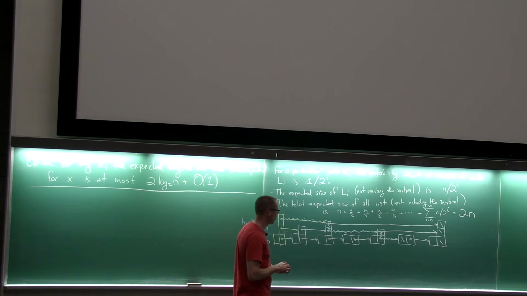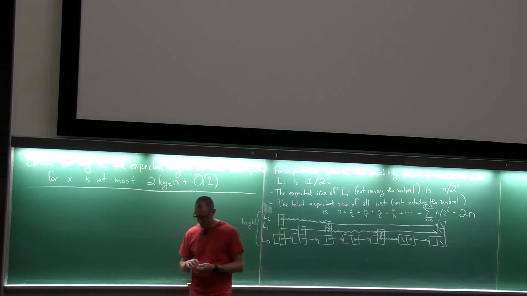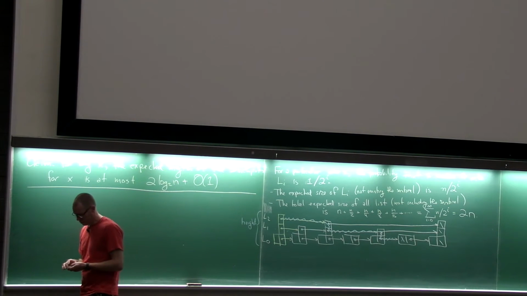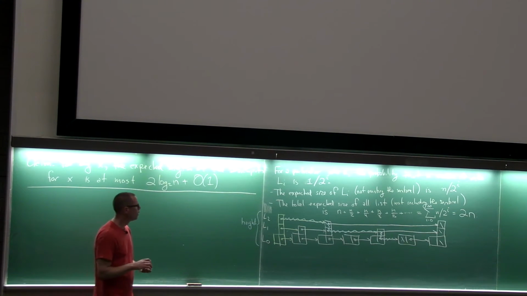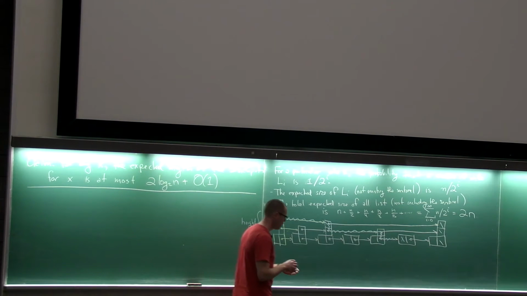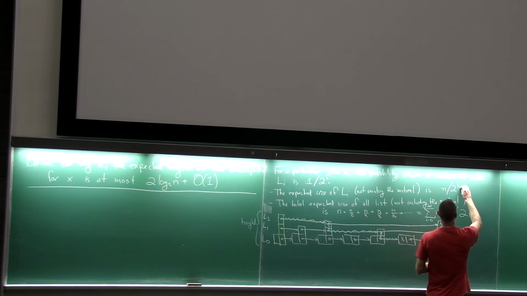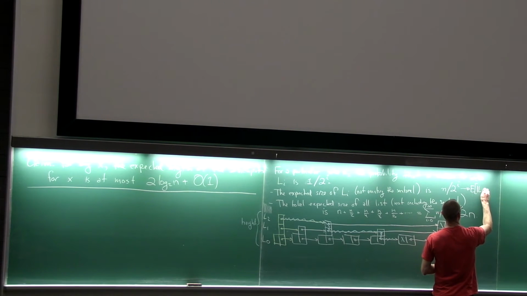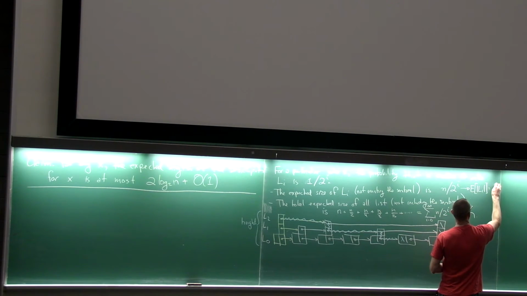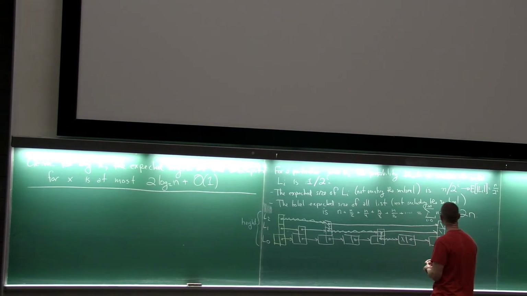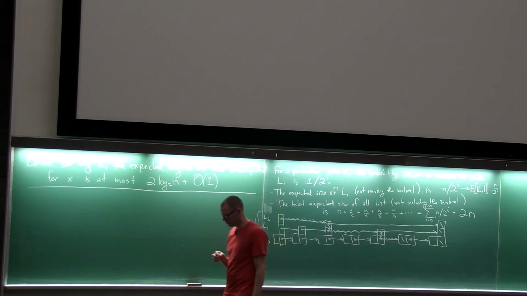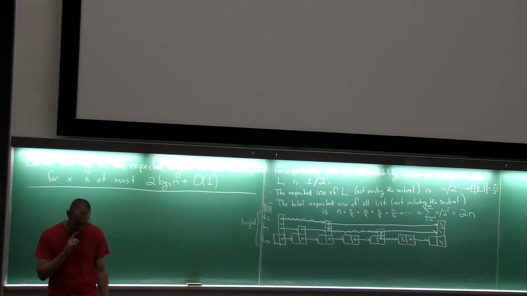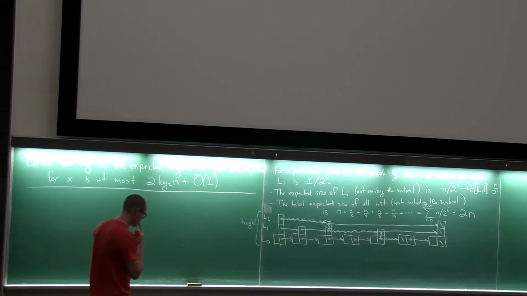Let's see how we would do that. And before that, let me just write down carefully, somehow writing this a little bit formally, we would write the expected, that's what the E is for, size of Li is equal to n over 2^i. So we'd like to study the height of this thing.